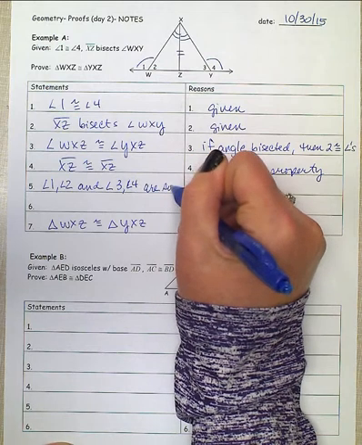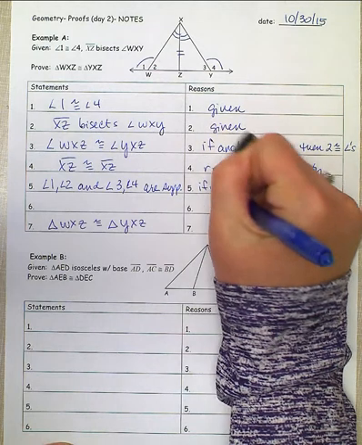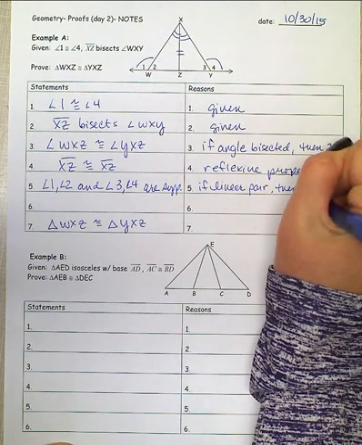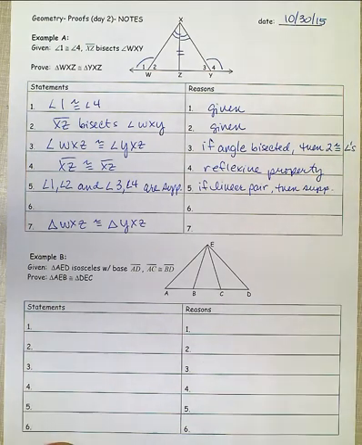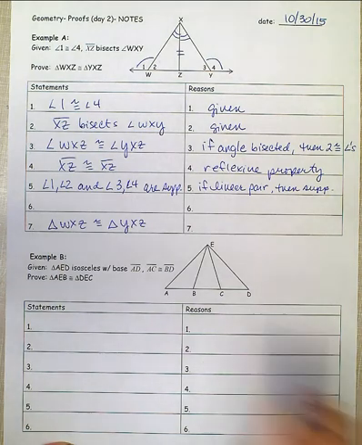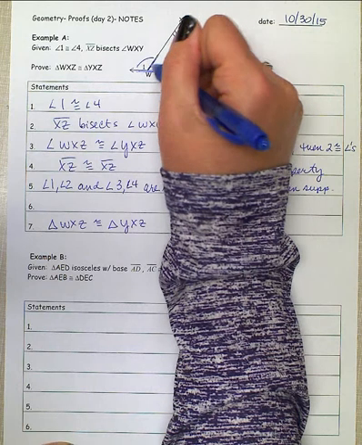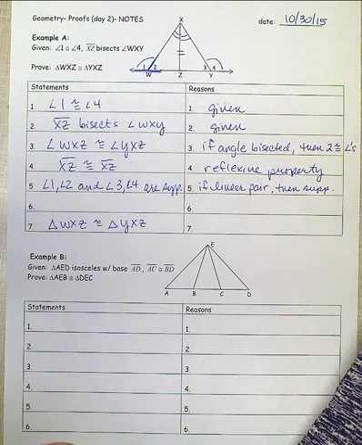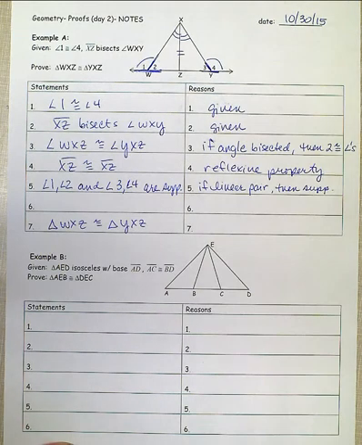I'm going to abbreviate that, because if linear pair, then supplementary. You could say definition of linear pair, and that's going back to the first chapter. If these two are adjacent and supplementary, they form a linear pair.